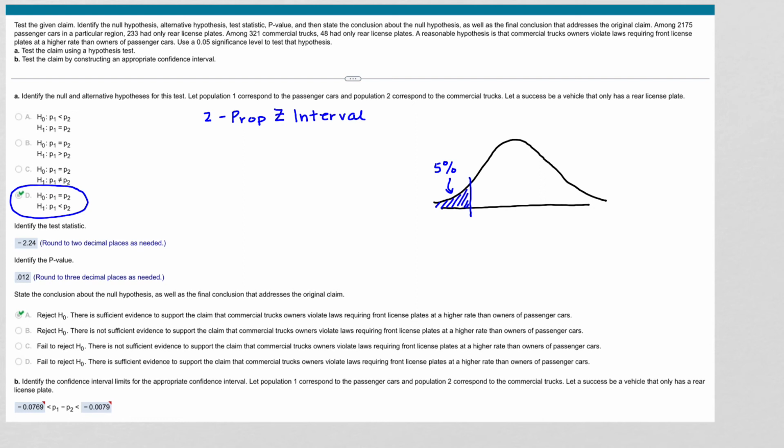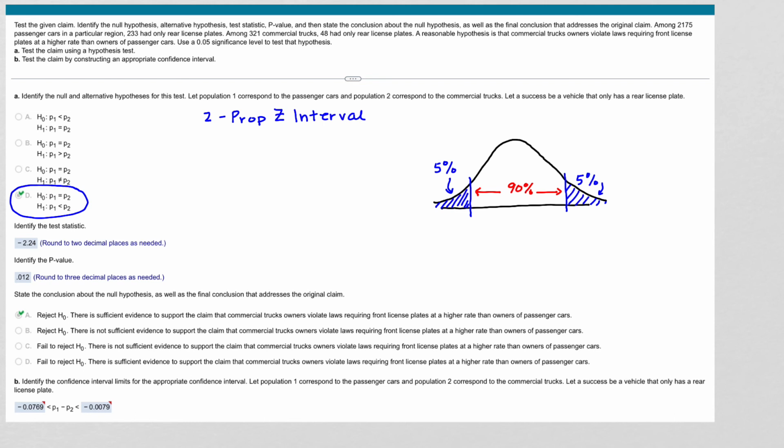Now, because we want to find a confidence interval, we need to balance that 0.05 on the left with another 0.05, or 5%, on the right. So we make those match, and my confidence level then is going to be 90%.